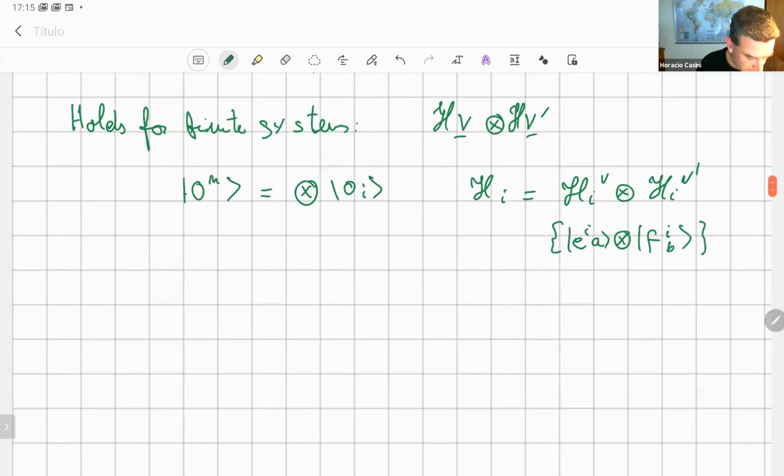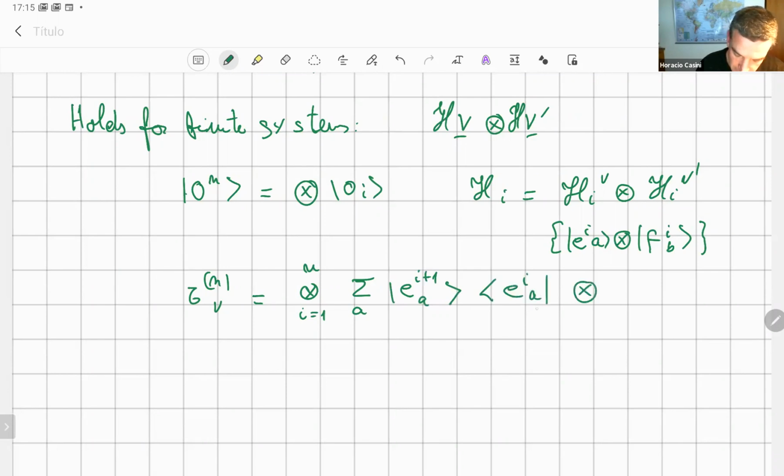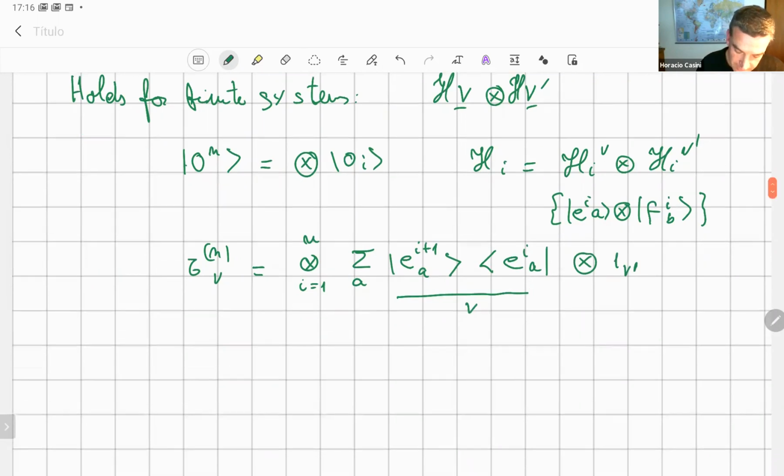And then you can see that the twist operator in B will be written like the product over the copies of a sum over the basis of the elements of the basis. These are the elements of the basis in the region B times the identity in B prime. And it's a simple computation.